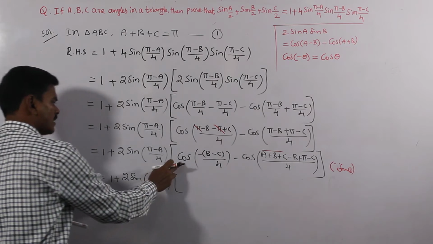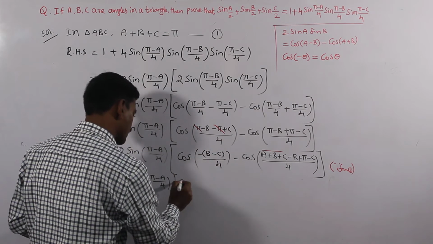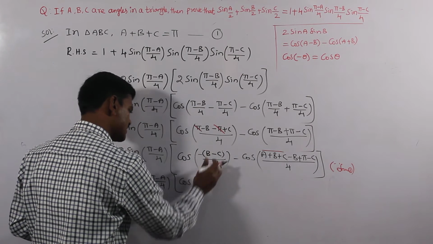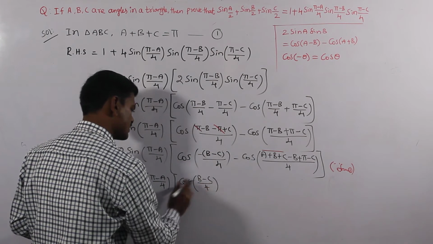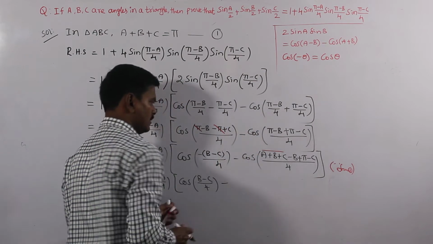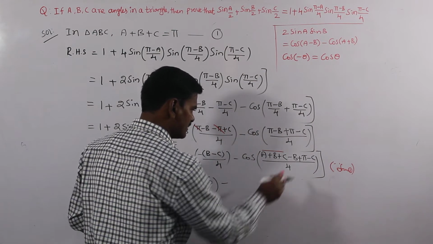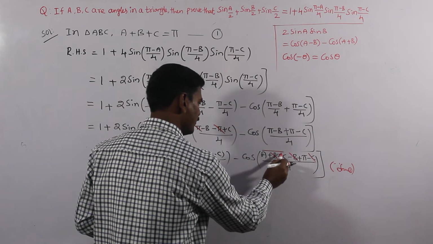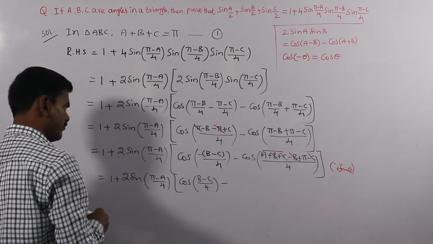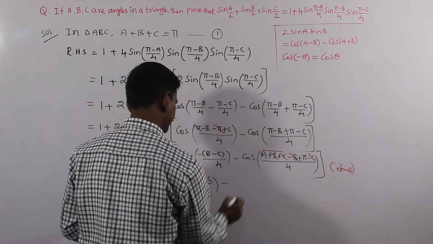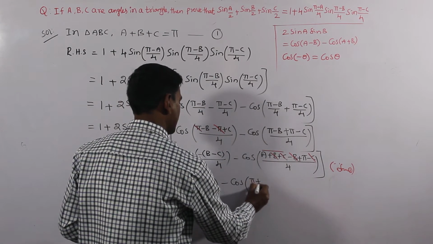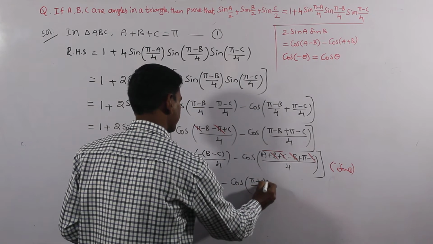So cos of minus (b minus c)/4 becomes cos of (b minus c)/4. Now if you think about cancellation, minus b plus b gets cancelled, minus c plus c gets cancelled. Now we are left with pi plus a, cos of (pi plus a)/4.